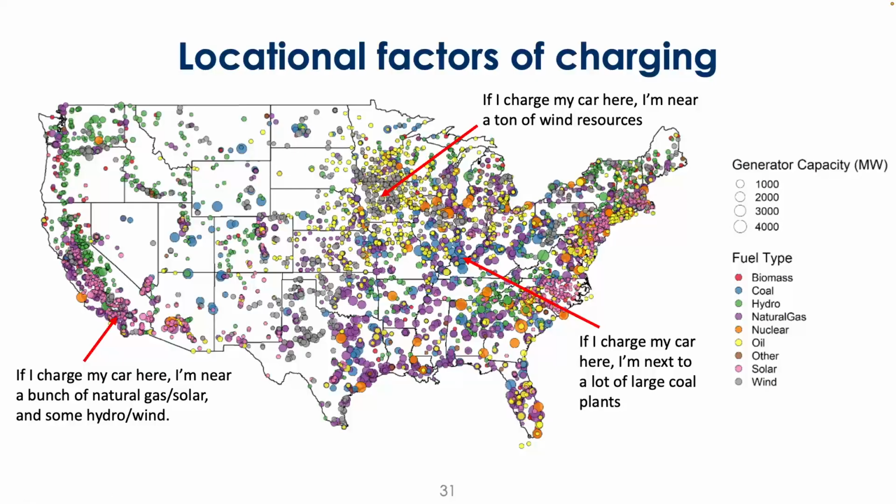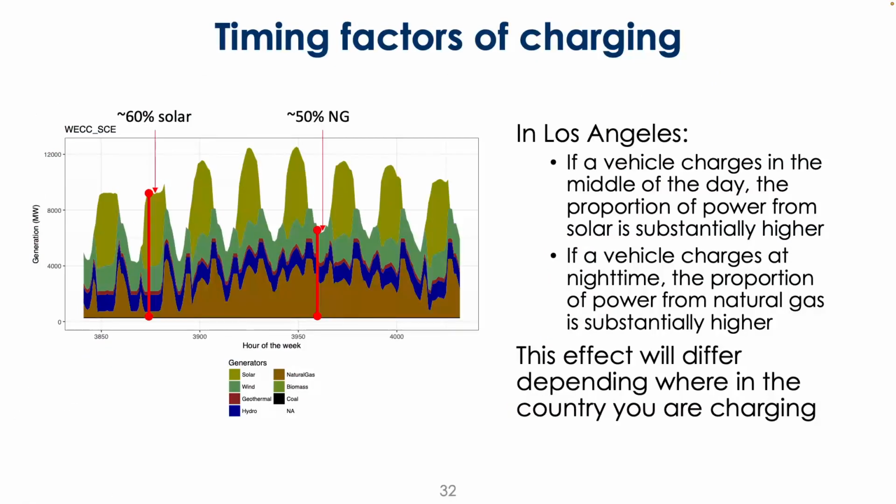But it gets more complicated than that too, right? Because the timing is also an important factor. So if we take a look here, if I was charging at this line, then you'll see, oh, about half of the energy at that period of time that I'm charging is solar, right? And then some from wind and some from natural gas.